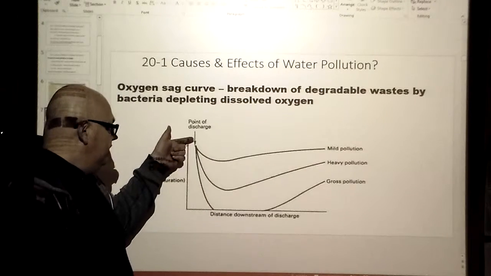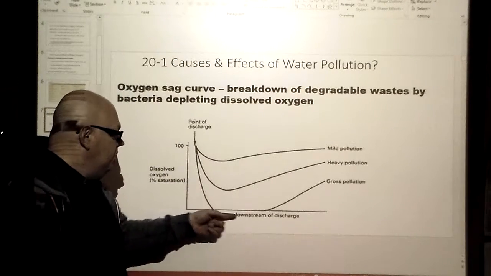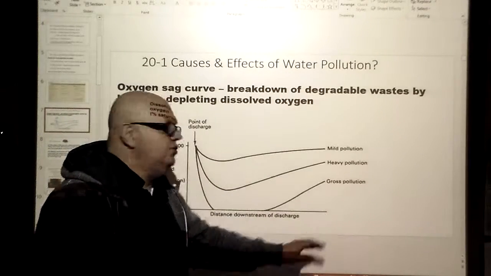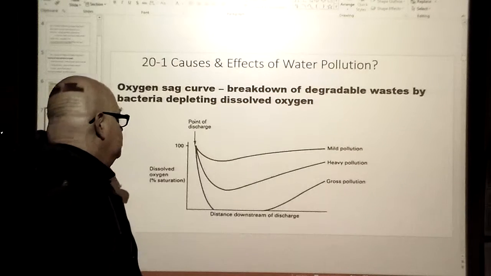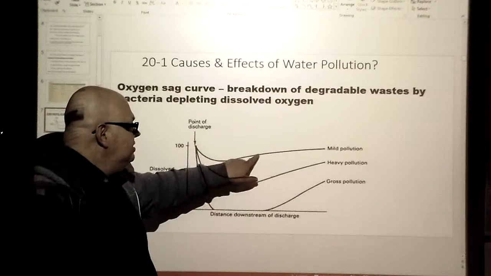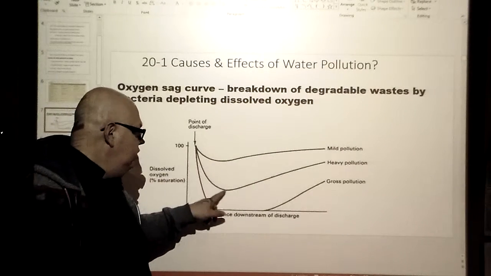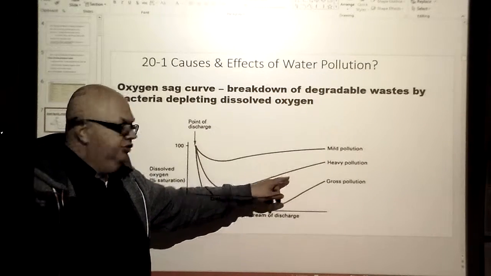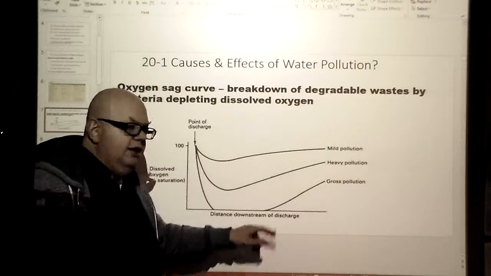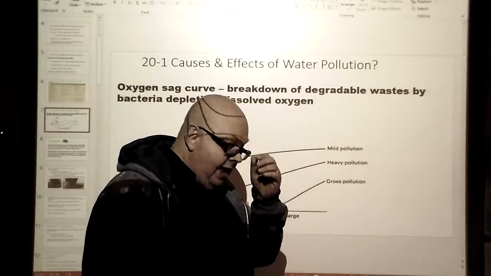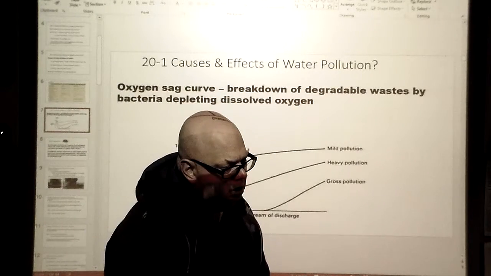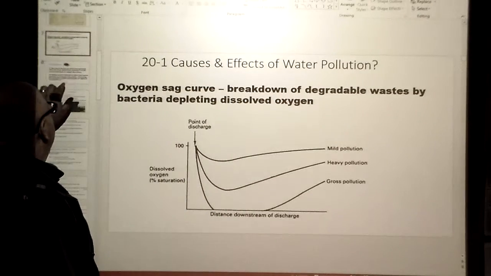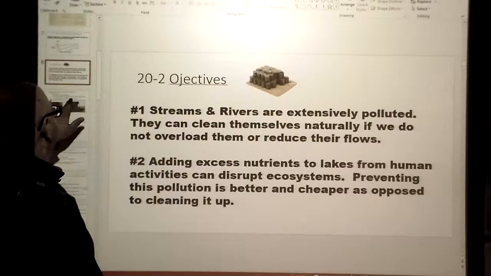So what you are getting is a drop in the amount of dissolved O2, and this is the distance downstream from the discharge. So when it's a mild pollution, that's not too bad, but when you get heavier pollution, notice that the curve is getting steeper. Then it's the sag. That's the idea behind the sag. Need to know that for sure, okay?